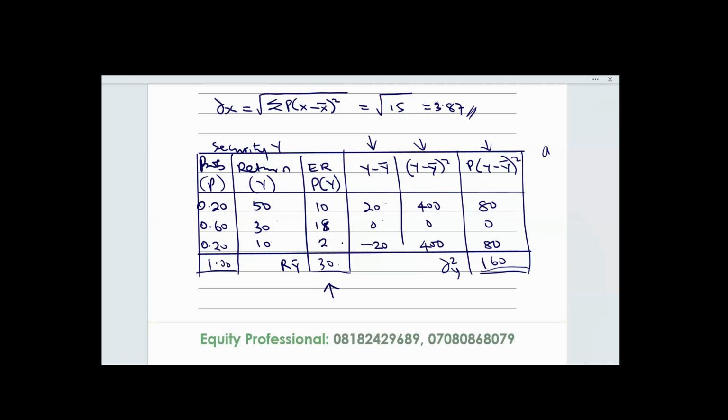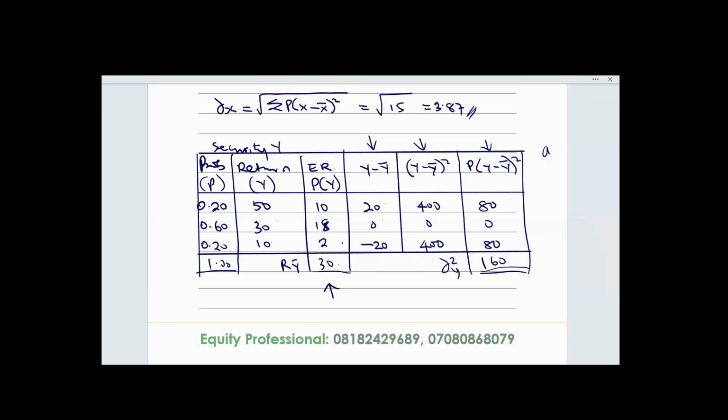I believe when you settle down, you understand how we got those numbers. We did the same thing under risk and uncertainty. It's the same, right? 50 minus 30 will give us 20. When you take Y minus Y bar raised to a square, 20 squared will give you 400.